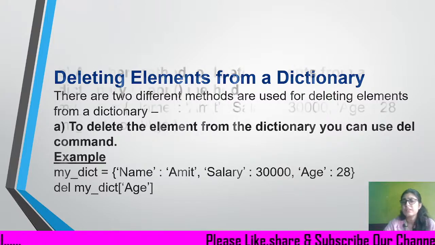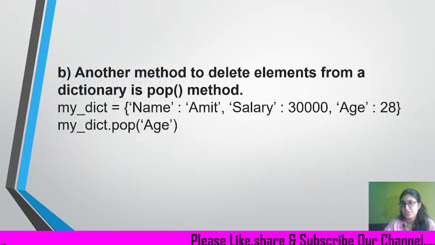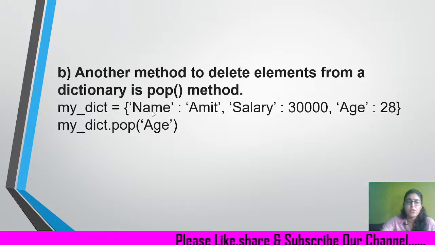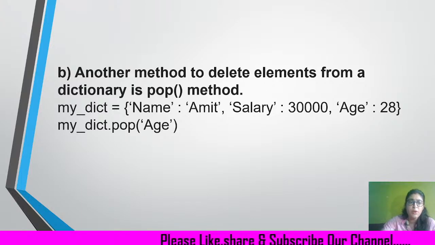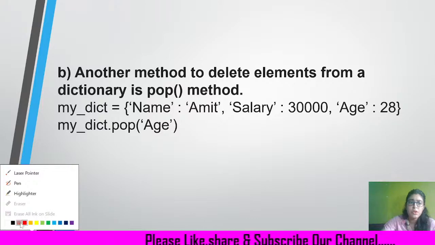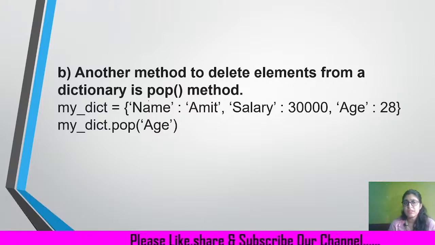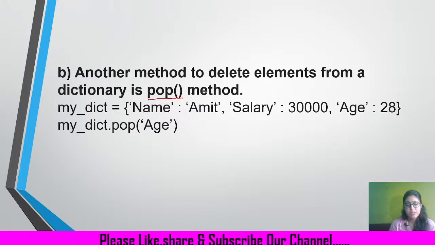what the dictionary functions are. One function I have already taught you, that is the pop function, which is used to delete an element from a dictionary. This is the pop method and it is used to delete any element from a dictionary.